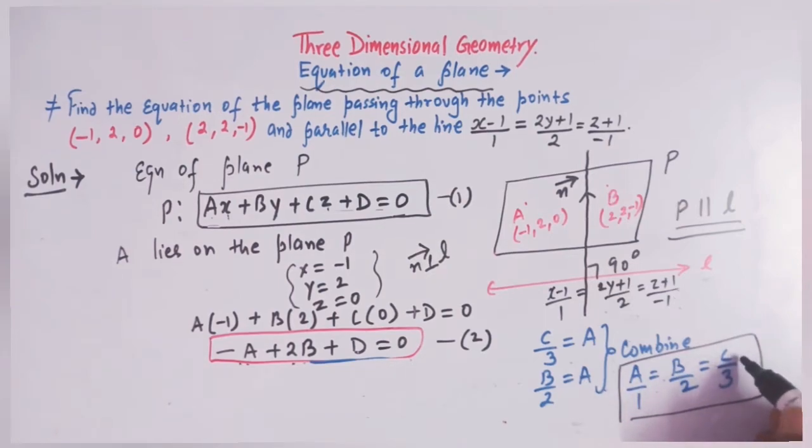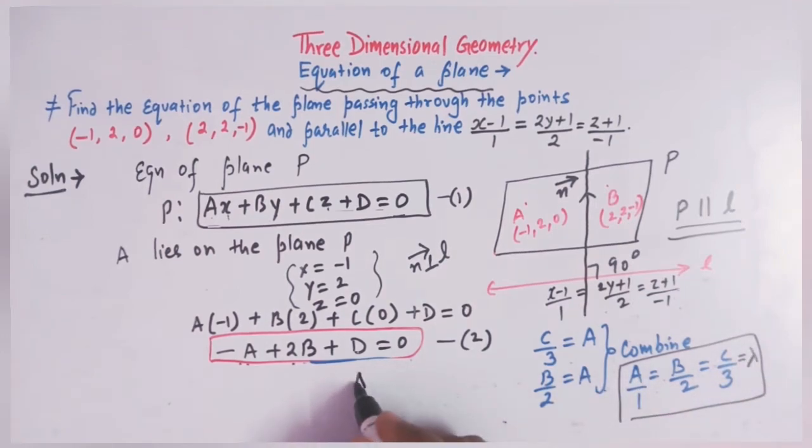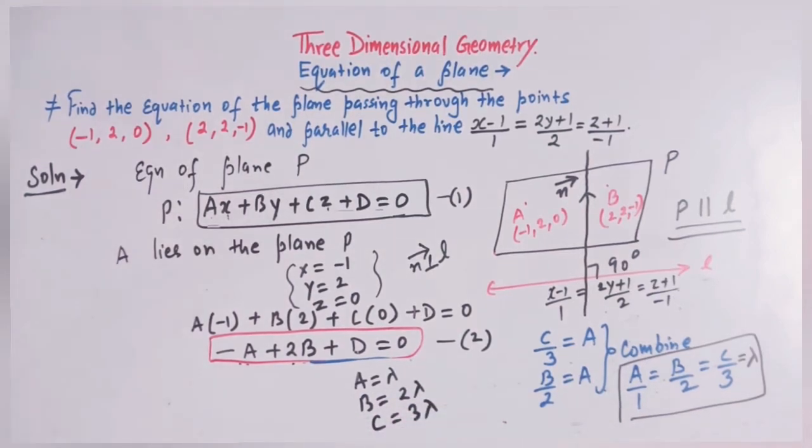And now if we take all these three ratios equal to lambda, lambda is some scalar, right? So a is equal to lambda, then b can be written as 2 lambda, and c can be written as 3 lambda, right?